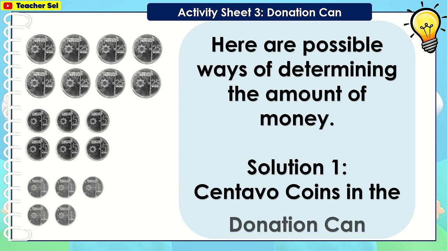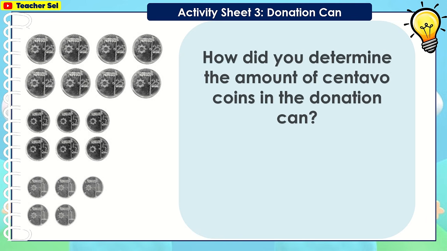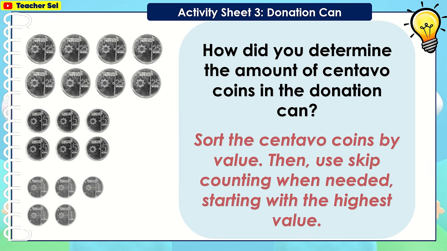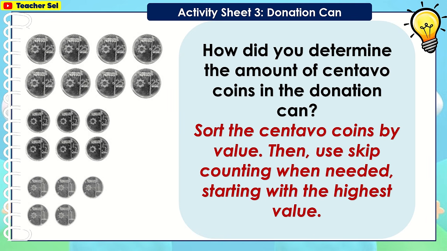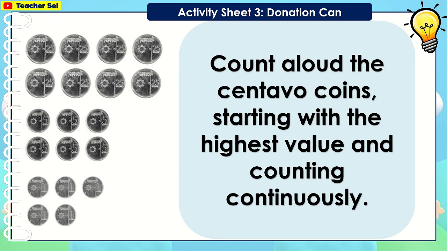Centavo coins in the donation can. How did you determine the amount of centavo coins in the donation can? Sort the centavo coins by value, then use skip counting when needed, starting with the highest value. Count aloud the centavo coins, starting with the highest value and counting continuously.